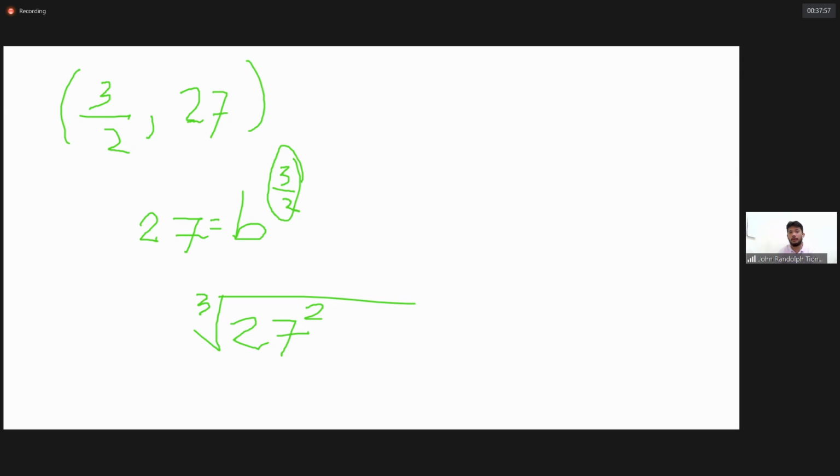Nag-shift na yan, nag-across pa. So again, 24A, you have the reflection across the x-axis. Your function f of x equals negative 7 to the power of x is a reflection of your f of x equals 7 to the power of x across the x-axis. Okay, that's correct. All right, so there you go.